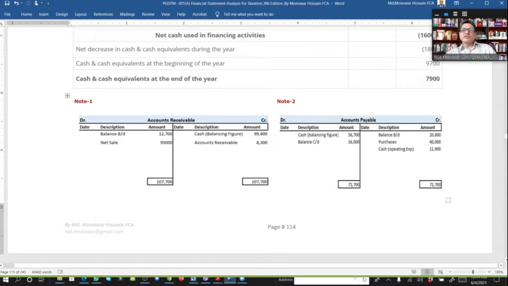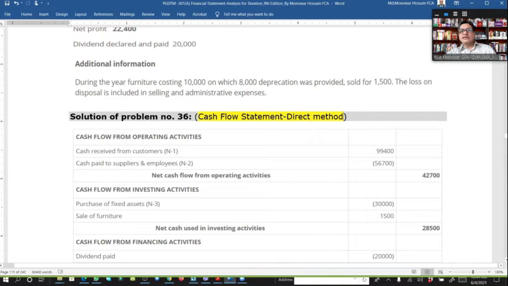Adjusting with the closing balance of 16,000, the balancing figure for accounts payable is what we paid, 56,700.